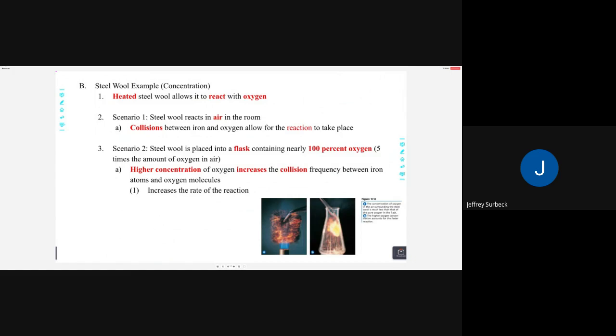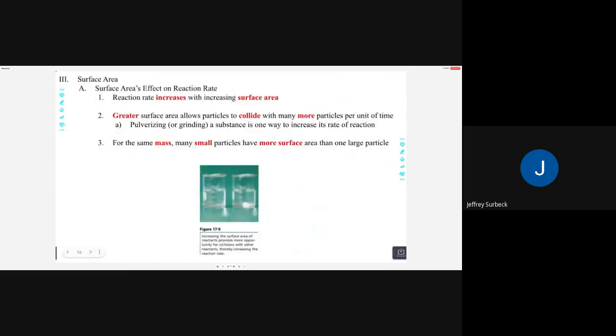I set hand sanitizer on fire, because it has alcohol in it. I turned all the lights out and the flame was blue. I think it's because of the alcohol.